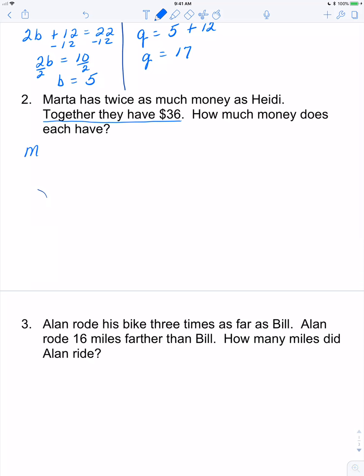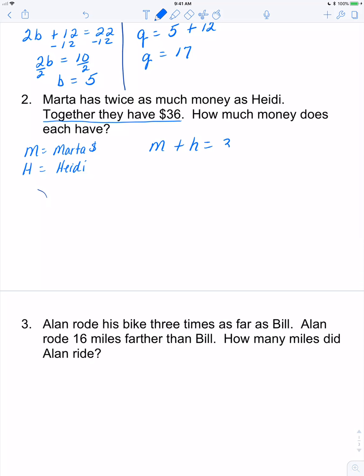Let's say M is going to equal how much money Marta has, and H is going to equal how much money Heidi has. We know that together they have $36, so Marta's money plus Heidi's money is equal to $36.